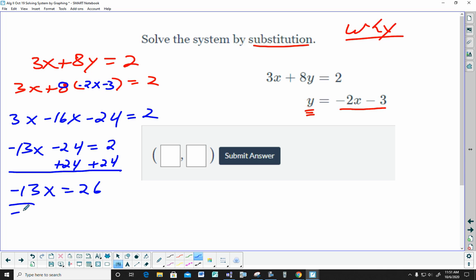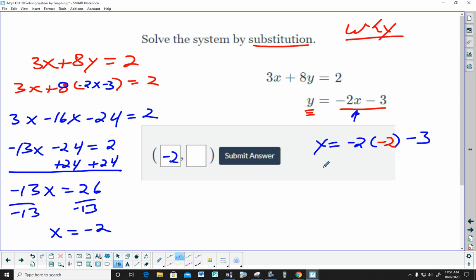Divide by negative 13. And you get x is equal to negative 2. So x is negative 2. I think fill it into this one. Y is equal to negative 2, parenthesis negative 3. Fill in what it's worth. Positive 4 minus 3, y is equal to 1. Okay?